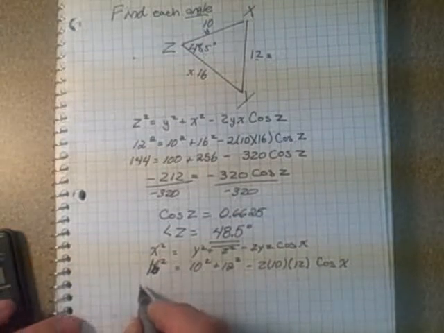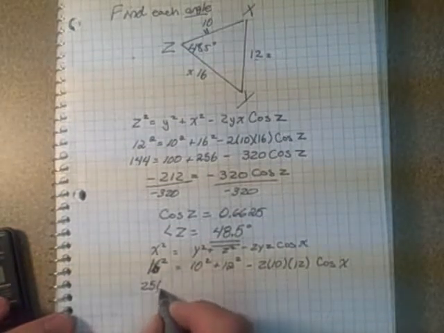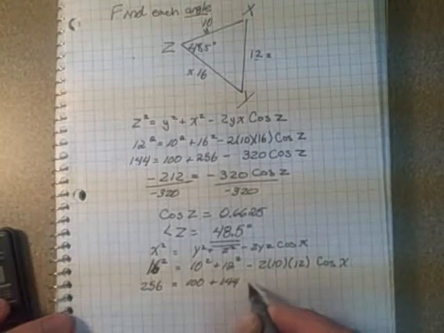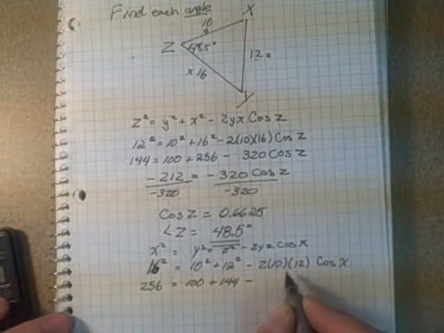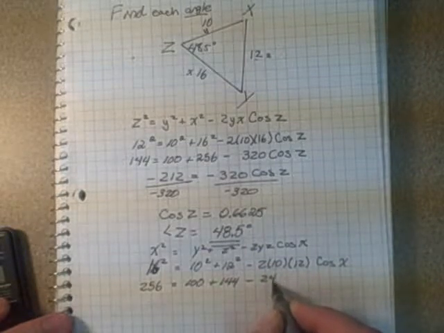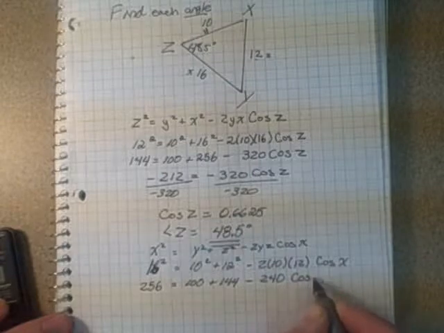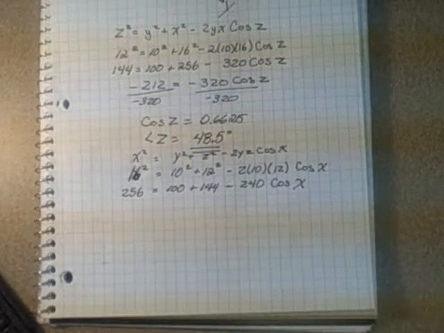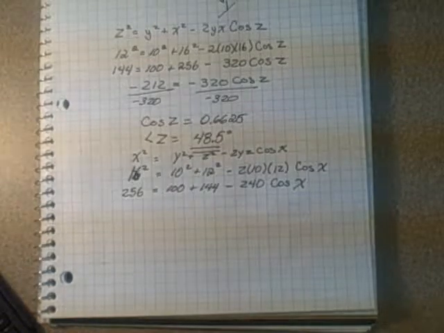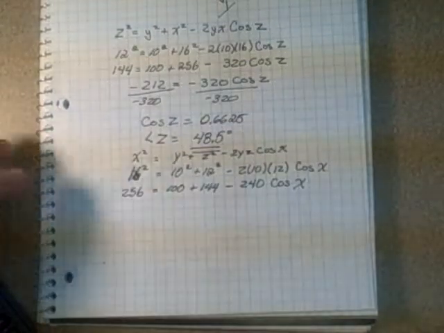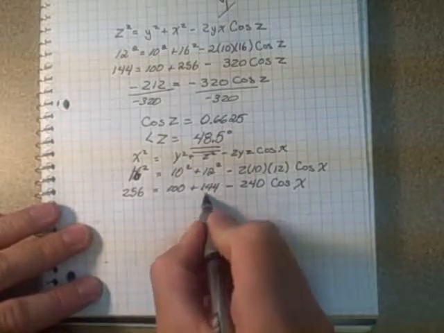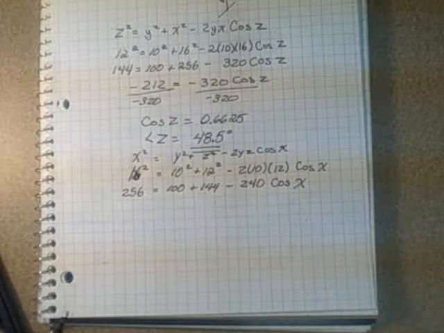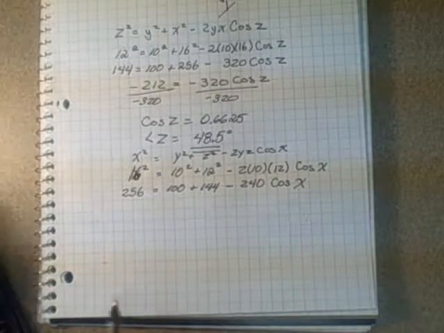This is still 256 equals 100 plus 144, minus 120 times 2, that's 240 cos x. Now I better move that up, and we just isolate cos x. So this becomes 256 minus 244. That's 12.